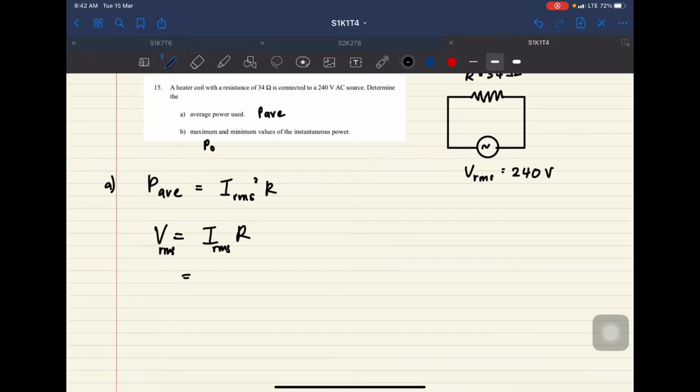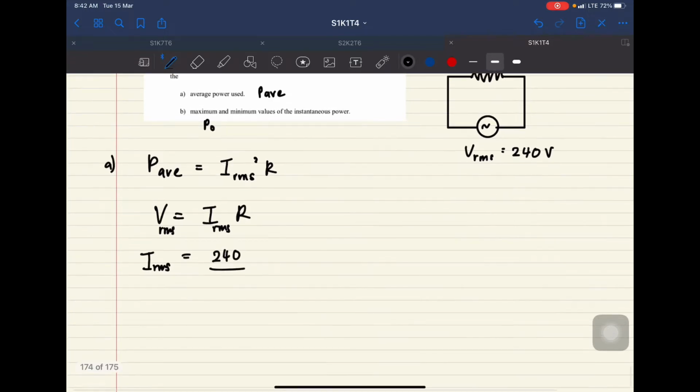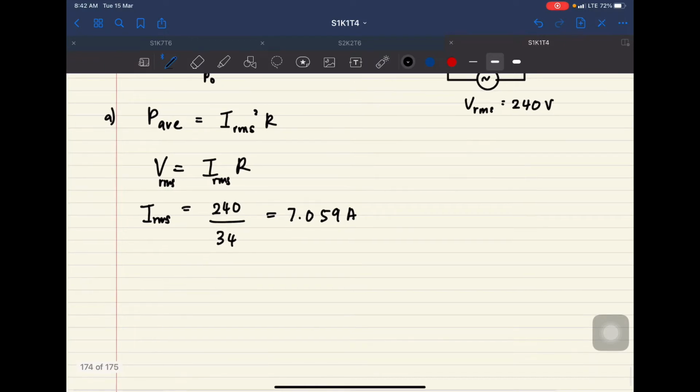So this one becomes IRMS equals 240 divided by 34. Okay, so this one will give 7.0588, 7.059 ampere.